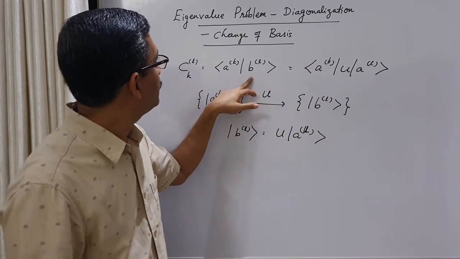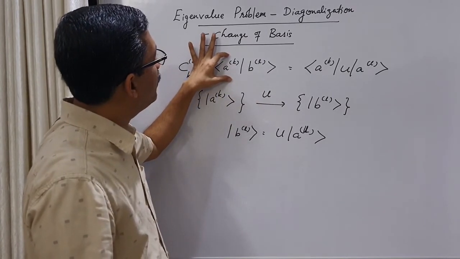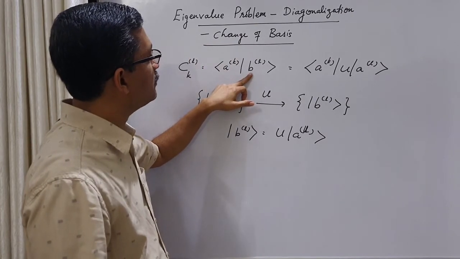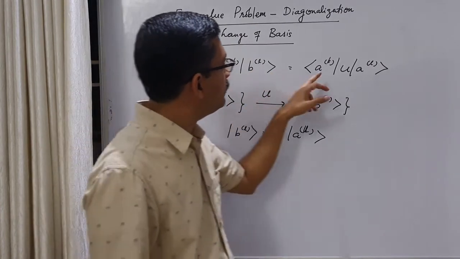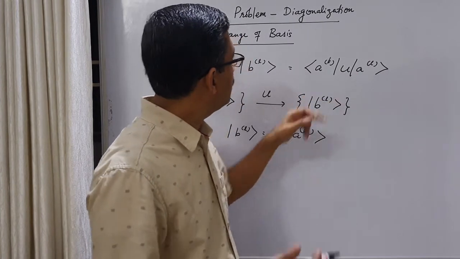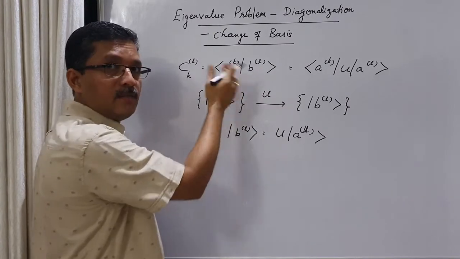Okay. See, this is the kth component of the Lth eigenvector, and what you get here is the kl-th matrix element. So let us fix the value of L, and k runs from 1 to n. Then what do you get?